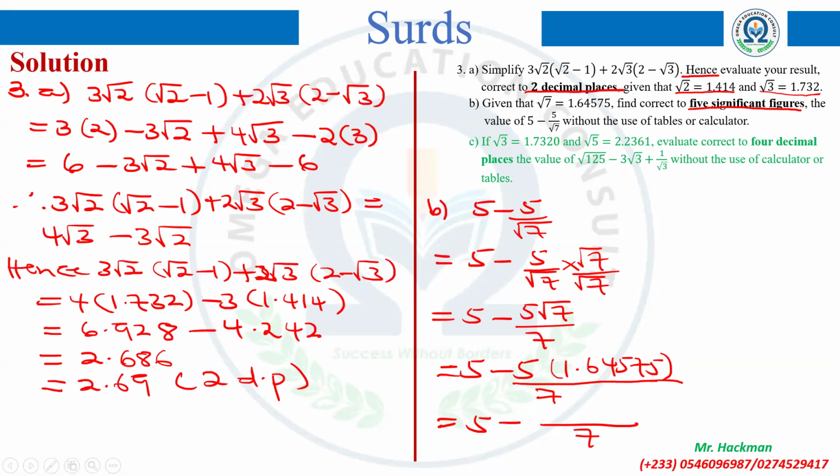Do 5 minus the value that your calculator will give you after dividing the number that is here by 7. Then you have 5 minus that. Also, you use your calculator. But don't end there with that value; subject the value to what you were asked to leave your answer in. You were asked to correct your answer to 5 significant figures, so your final answer must be in 5 significant figures. Otherwise, you get your final answer wrong.